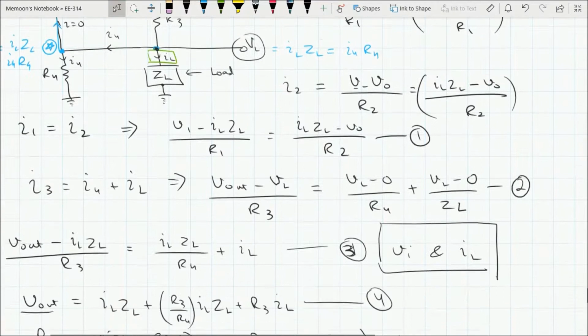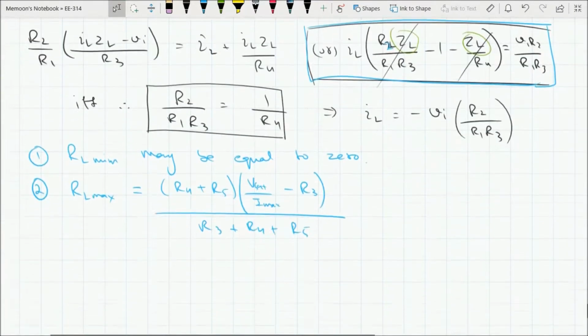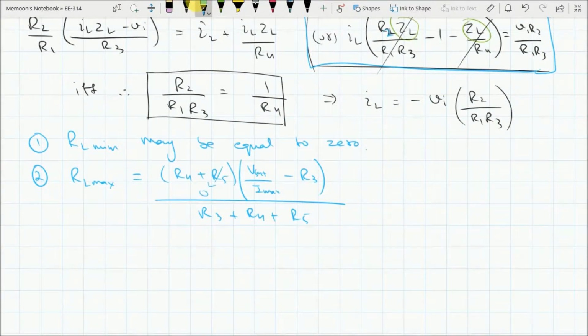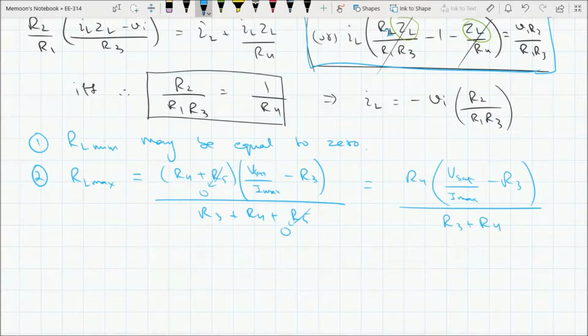So we can simply replace R5 by 0 in this expression for our circuit. So the expression will become R4 into V saturation over I maximum, minus R3, over R3 plus R4. Your load must not exceed this value.